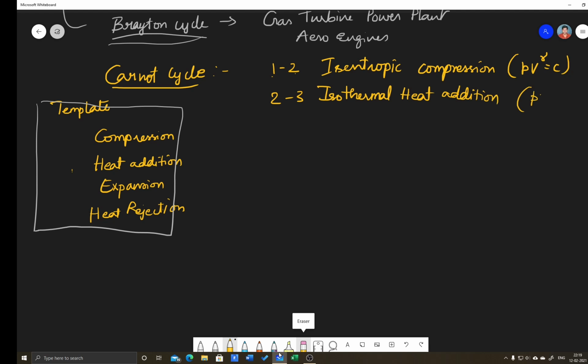So here PV equal to constant, or it is Boyle's law. 3 to 4 is isentropic expansion. And 4 to 1 is isothermal heat rejection.